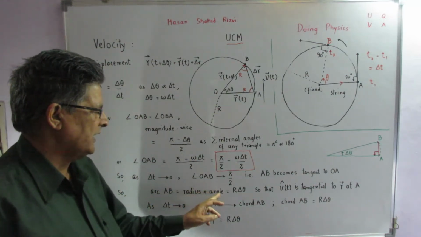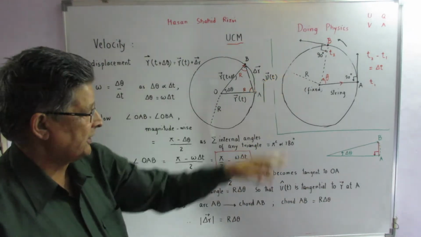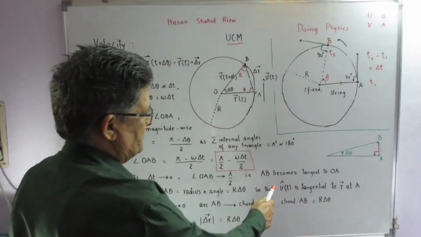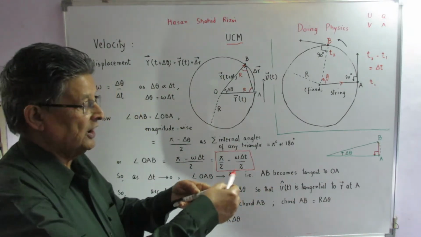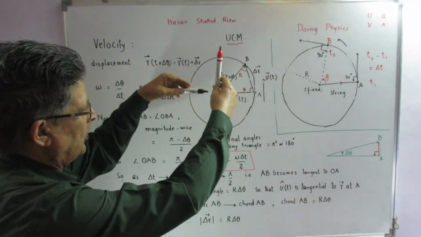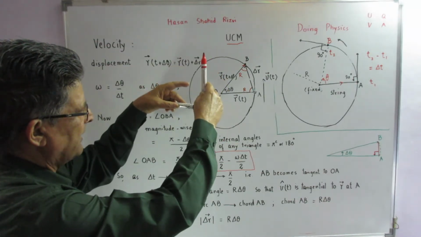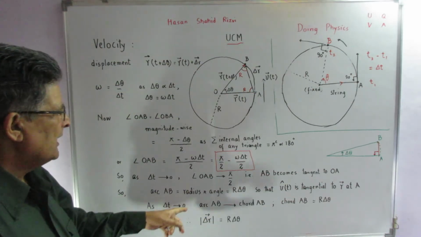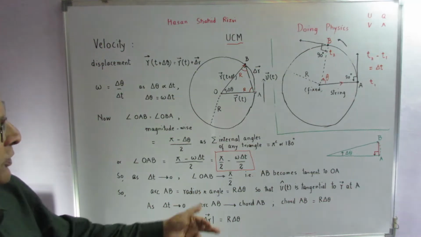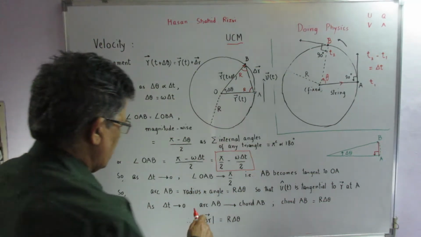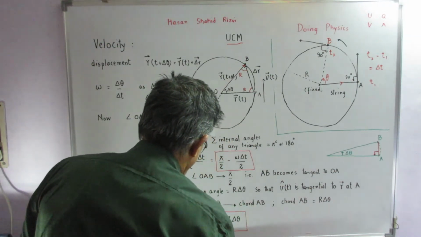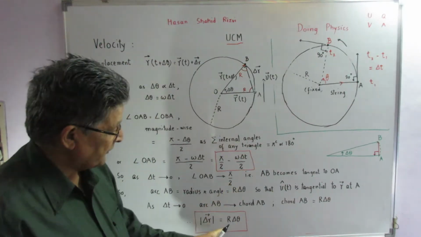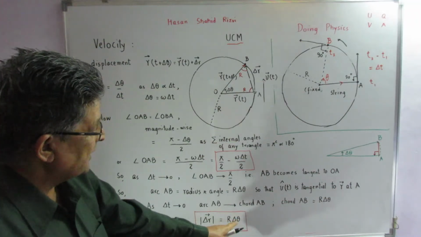Arc AB is equal to radius into angle. So R, capital R, which is the radius of the circle, multiplied by delta theta, so that the direction of the velocity vector is tangential to the vector at A, the displacement vector at A. So there is a 90 degrees lead, which we will discuss shortly, and as delta t tends to 0, the arc becomes approximately equal to the chord, and therefore the chord AB is equal to r delta theta, and we arrive at a result that the magnitude of delta r is equal to r, which is fixed, which is in the definition of the system, which we call the circle, into delta theta.